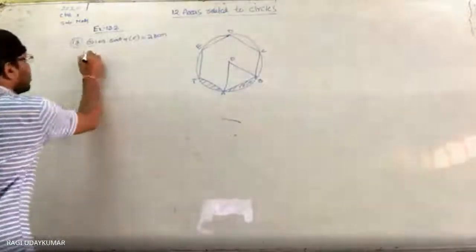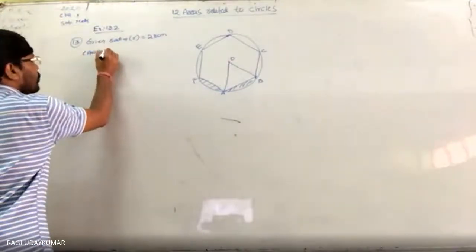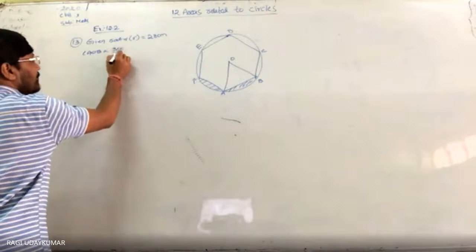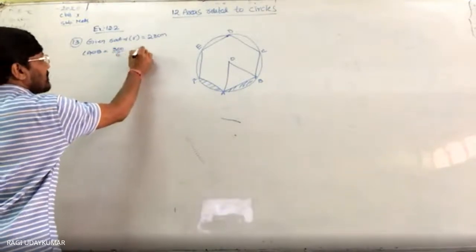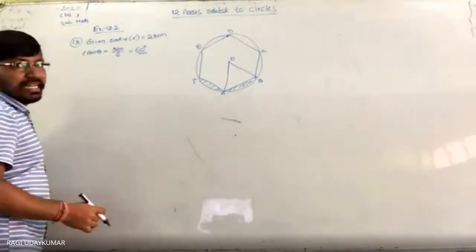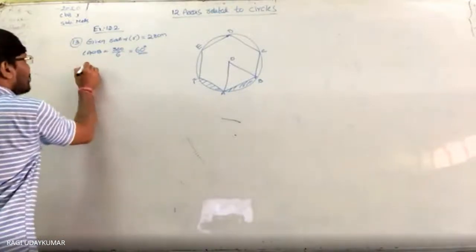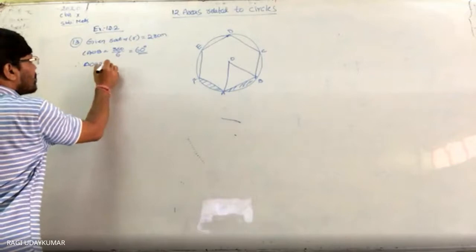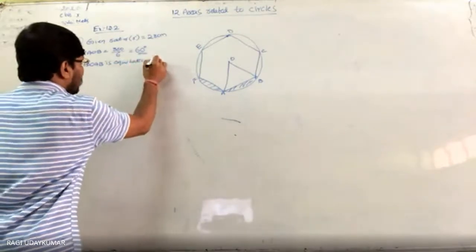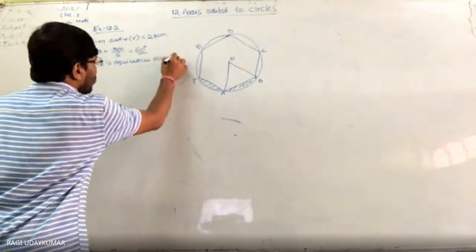So angle AOB is equal to what do you get? 360 by 6 equal parts. So 60 degrees. So when it is making a 60 degrees angle, therefore triangle OAB is an equilateral triangle. So here you can directly mention it and write it.